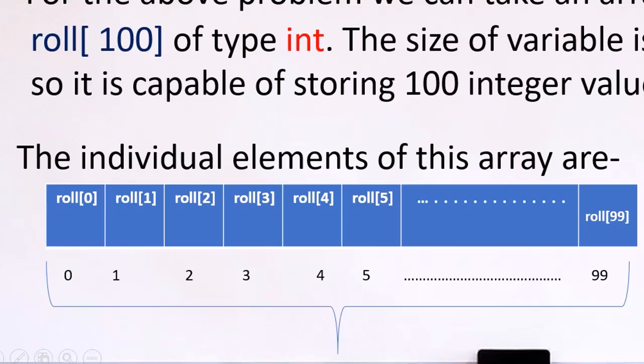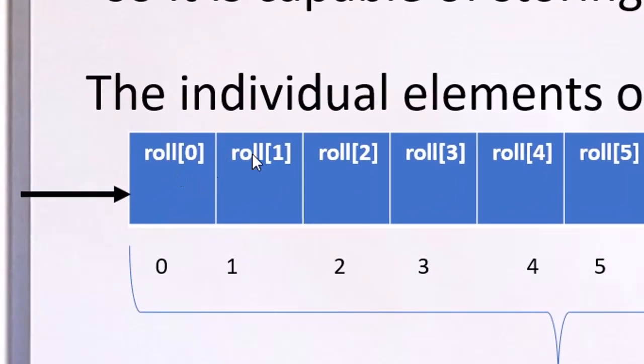So this is the concept which is called the indices of an array. That means you have to remember that all the array elements declared from 0 to 99 in our case will have indices, and the array name with the indices inside the brackets are the elements of an array.